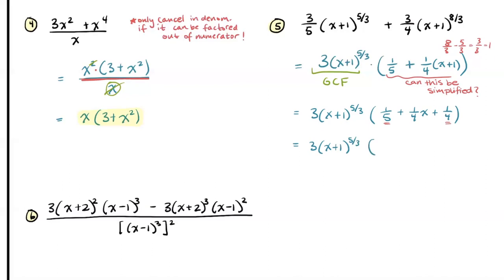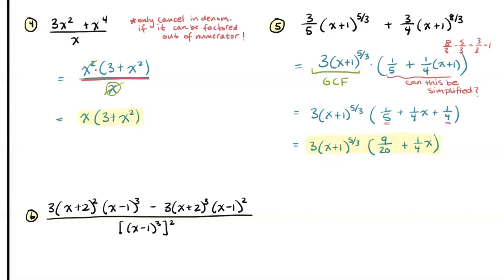Generally, we do want to use fractions, so this will end up being 9 over 20. And we've got plus 1/4 x. I would say this is pretty simplified, so we can leave it like this. Again, optionally, if you want, you could put this in radical form, but it is fine with its rational exponent.